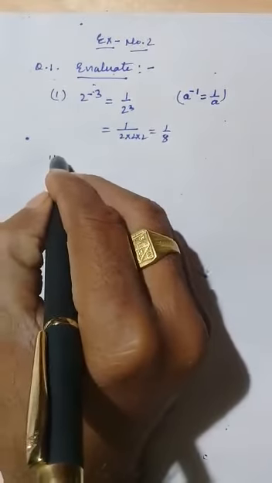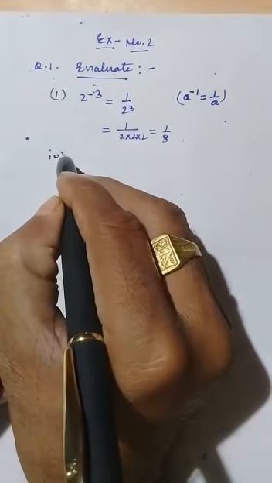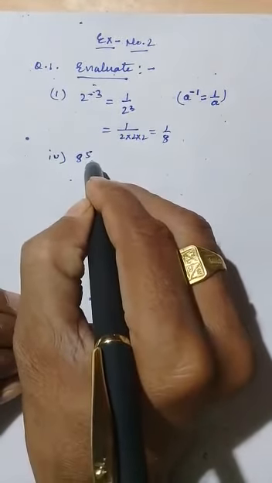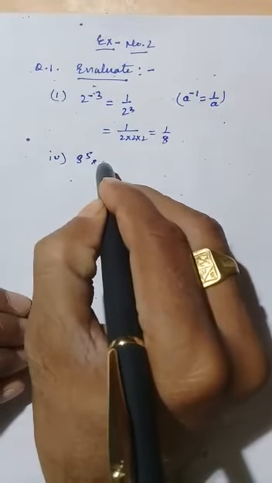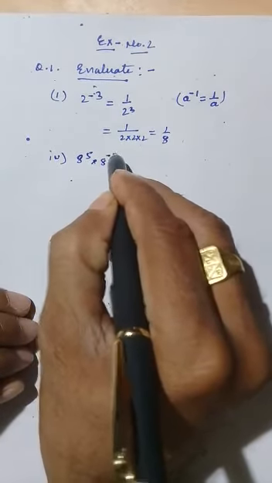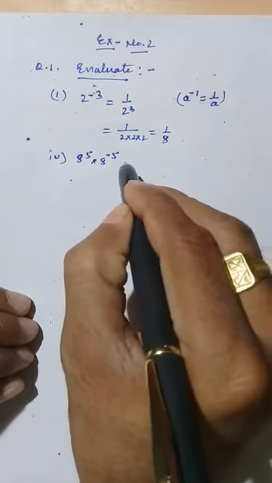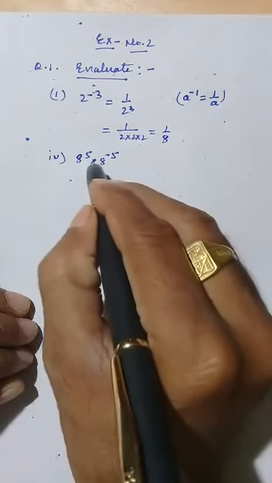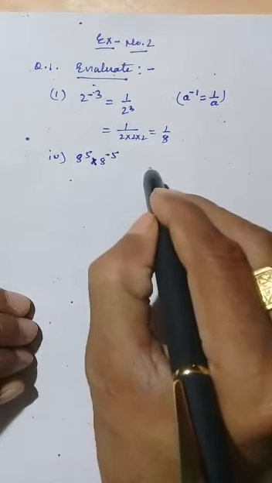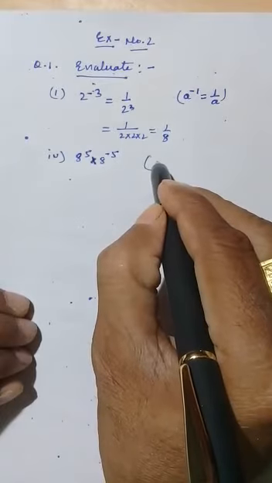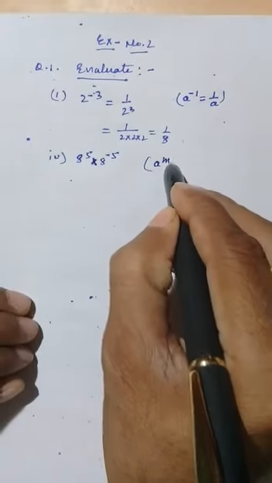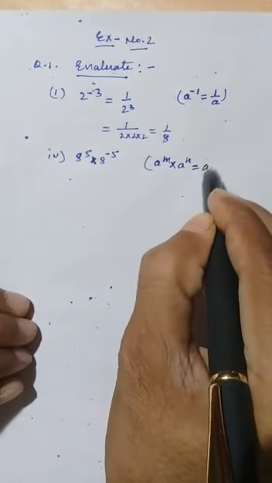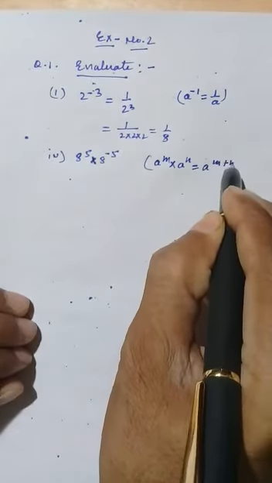Number 4: a to the power 5 into a to the power minus 5. Now see, here bases are the same and exponents are in product form, so you will use the law a to the power m into a to the power n is equal to a to the power m plus n.